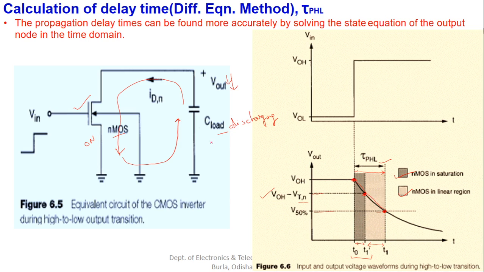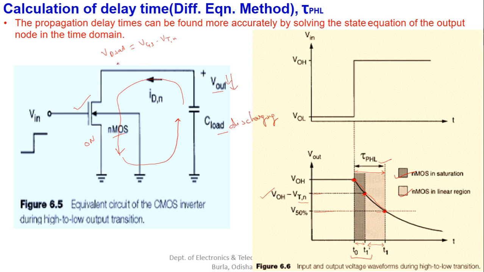Now you can verify why, when the output is high at VOH, it is in saturation mode, and when it becomes lower below a certain value, it goes into the linear region of operation. You know how to determine the region of operation of a particular MOSFET: VD sat is equal to VGS minus VTN.